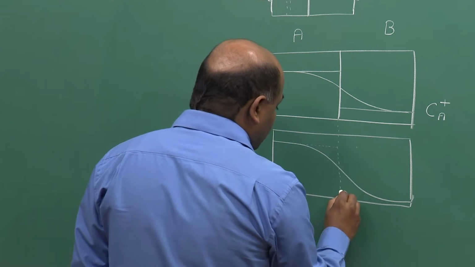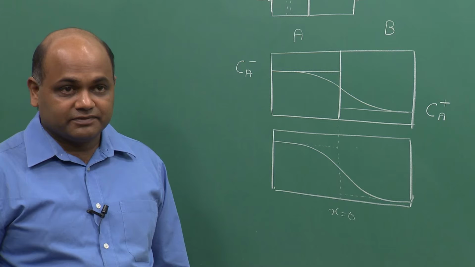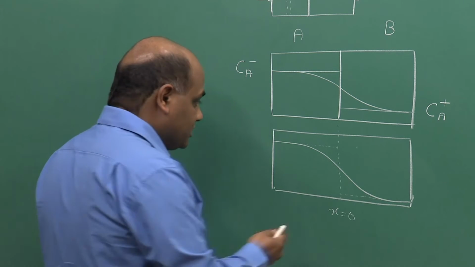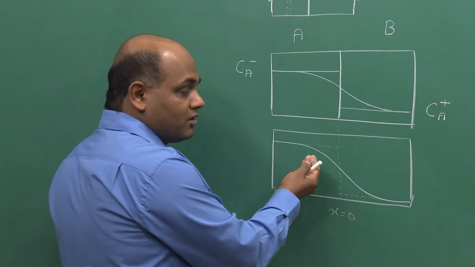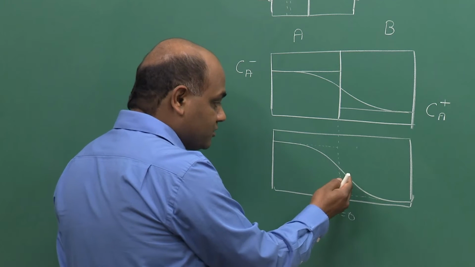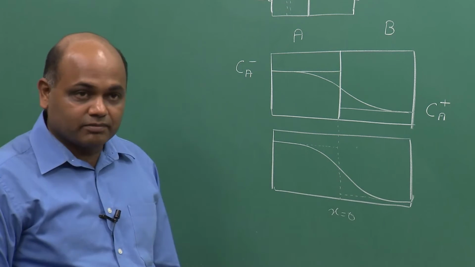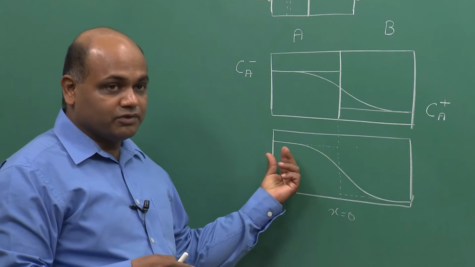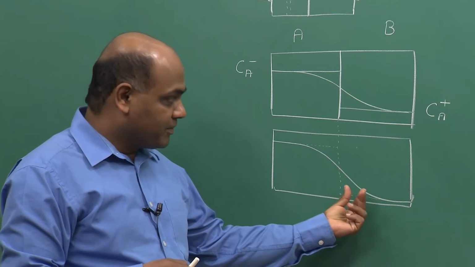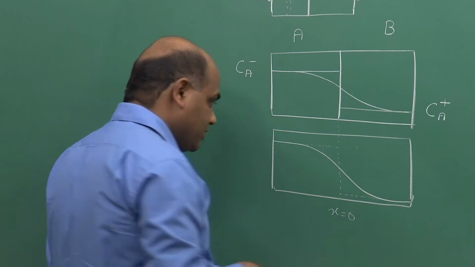So, the simplest way is to do the mass balance, because we know the loss of A on the left side of this initial contact plane should be equal to the gain in A on the right side of this initial contact plane. So, whatever A has diffused from left should appear on right. That is the simple principle that we use.